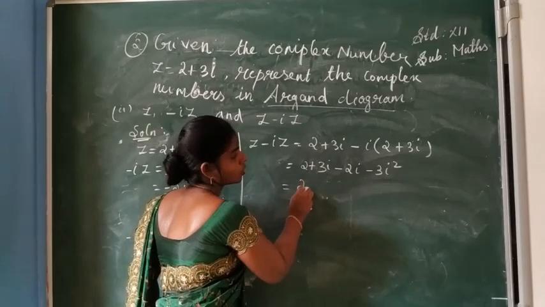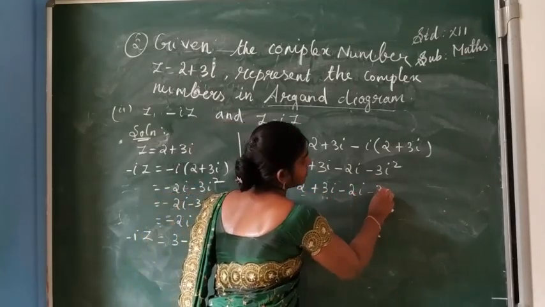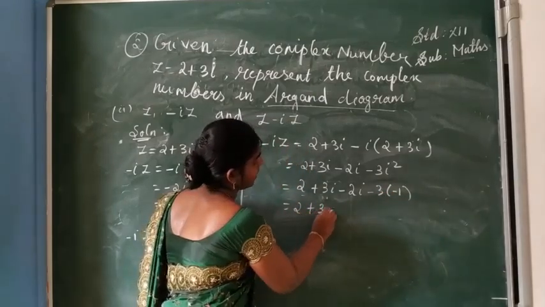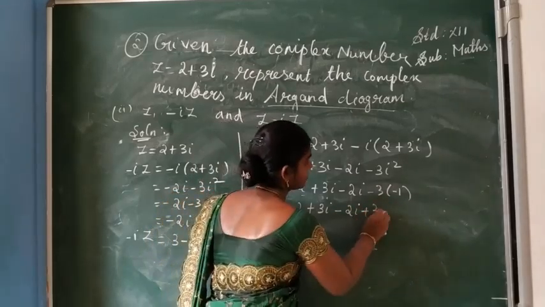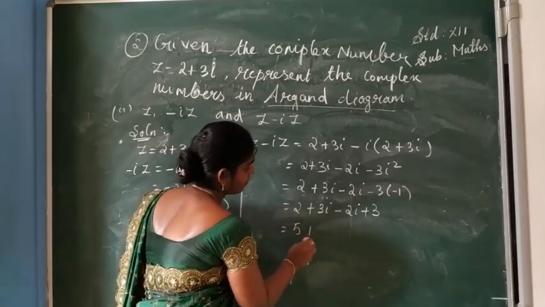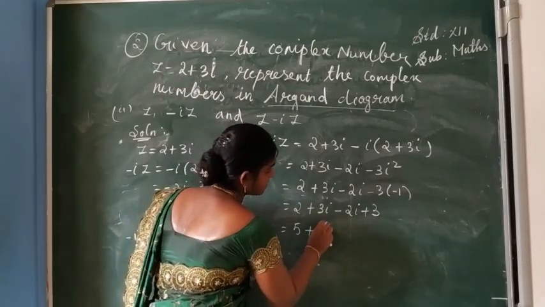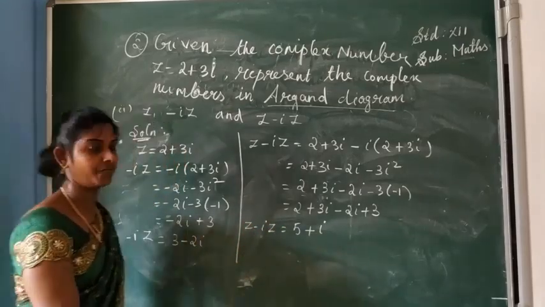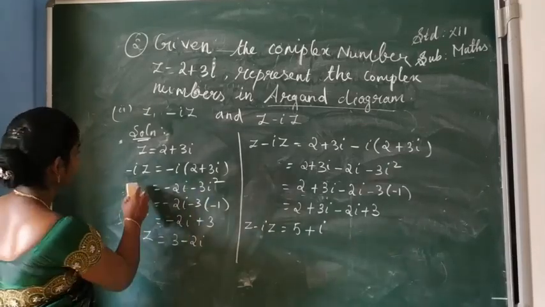That's equal to 2 plus 3I minus 2I minus 3 into minus 1 equal to 2 plus 3I minus 2I minus the minus plus 3 equal to 2 plus 3 value is 5. 3 minus 2 the value is 1. So 5 plus I. So this is Z minus I Z value. You can write in the side and you can draw the Argand diagram.